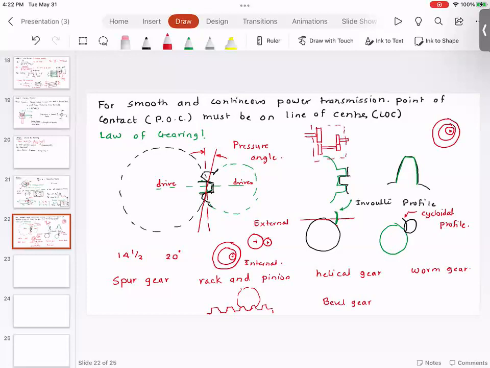This could be a gearbox in a manual transmission, or a complex planetary gearbox. You can have combinations of spur gears and helical gears, depending upon the amount of torque that needs to be transmitted and the reduction ratios that you want.